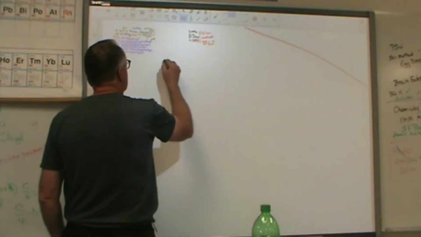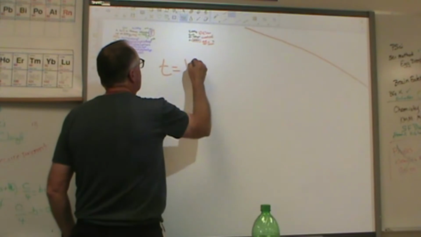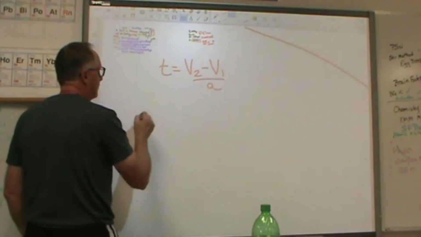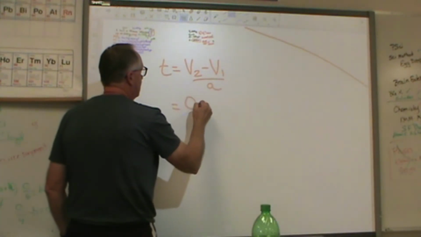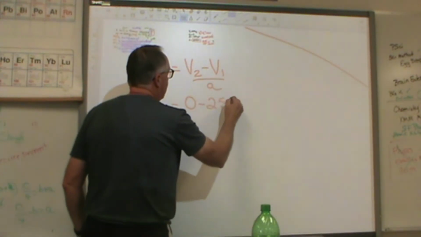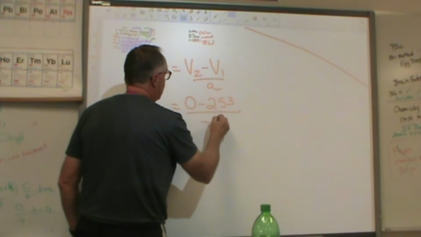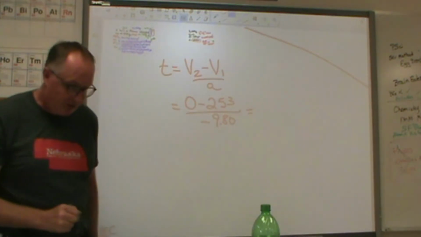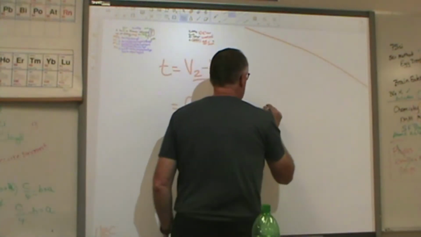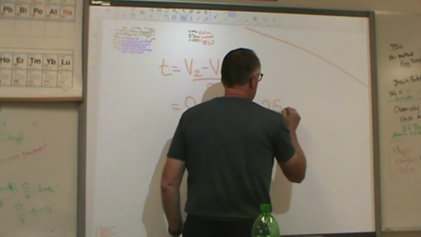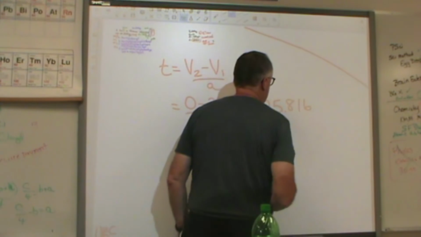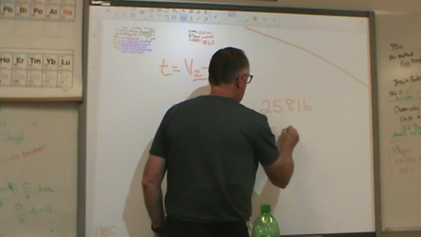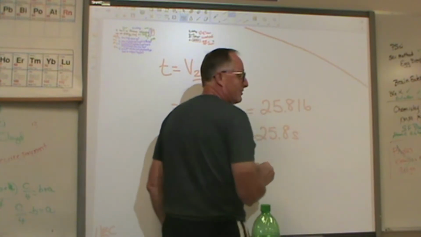T equals V2 minus V1 over A. Okay, so T equals 0 minus 253 over negative 9.80 equals 25.816, but we only get 3 sig figs, so 25.8 seconds.